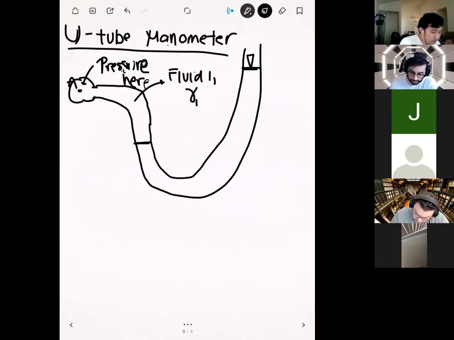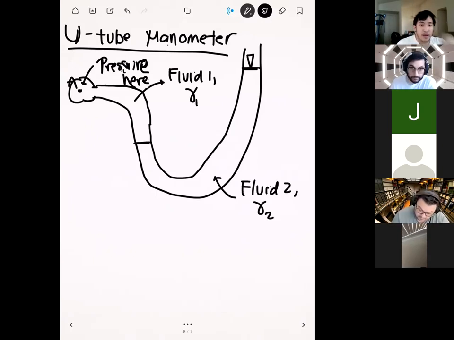And so the first fluid that we have is the fluid that we actually want to measure the pressure of. So you can think of this as the measuring pressure here. Okay. And then we have another fluid that's in the actual U part of the manometer, and this fluid is specifically designed to measure the pressure.